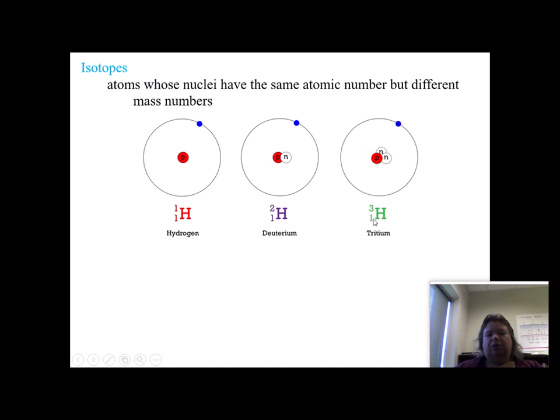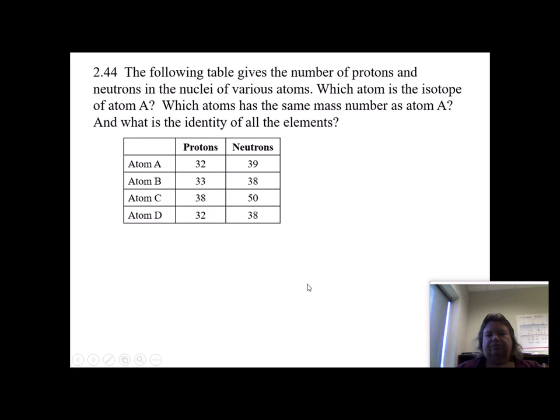So the protons are 1 for all of these because they're all hydrogen. That's why a lot of times the atomic number is not written, because it's repetitive: the fact it's hydrogen means it has 1 proton, or the fact it has 1 proton means it's hydrogen. But the mass numbers of these 3 isotopes change.